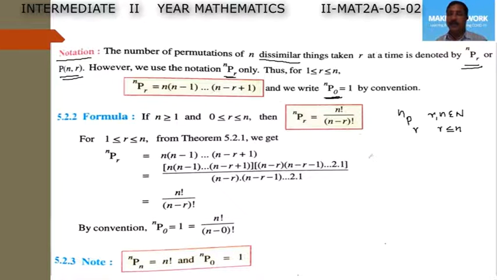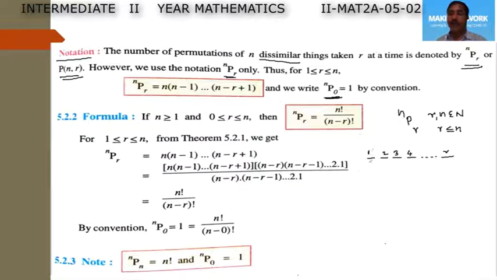is also considered as the number of ways of filling r boxes or r blanks with the given n things. So this is the first blank, the second blank, the third blank, and this is the fourth blank, and so on. This is the rth blank. Now, to fill this first blank, we have n objects in our hand, n things in our hand.